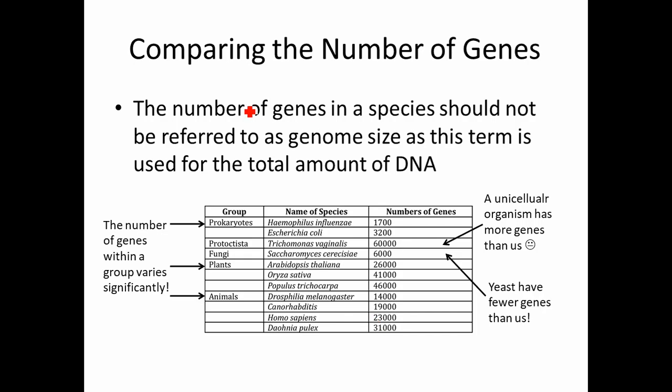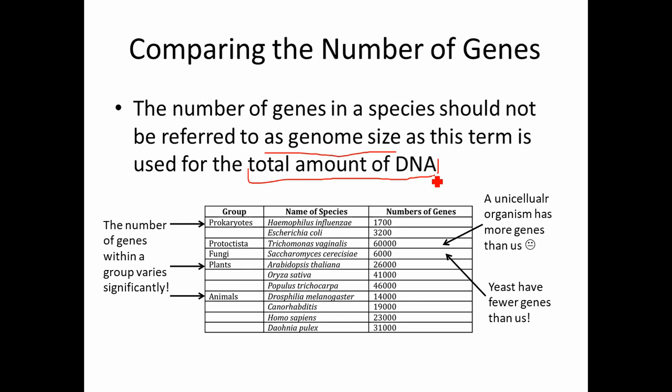So when comparing the number of genes across species, IB makes a specific point of saying that the number of genes should not be referred to as genome size. So genome size is a specific term that's used for the total amount of DNA within a cell.